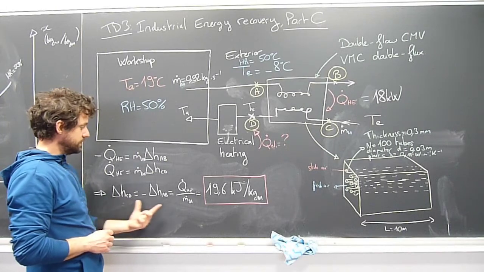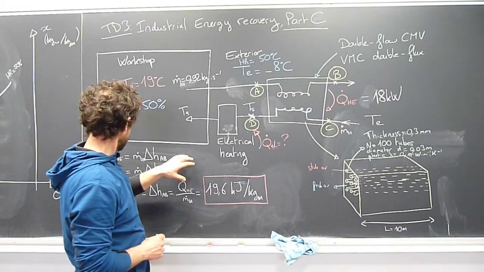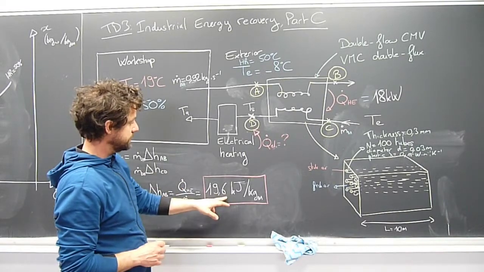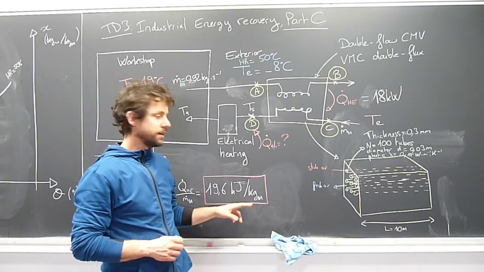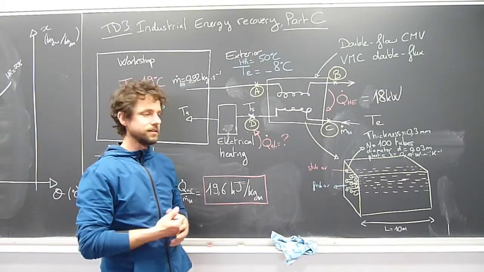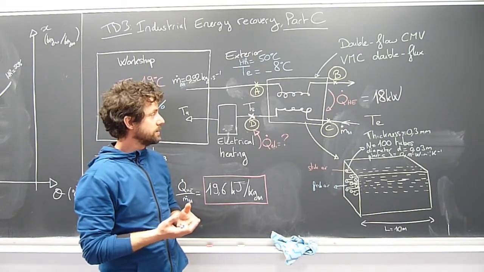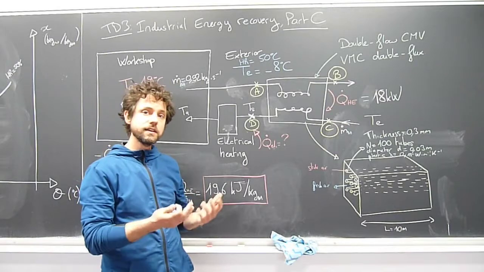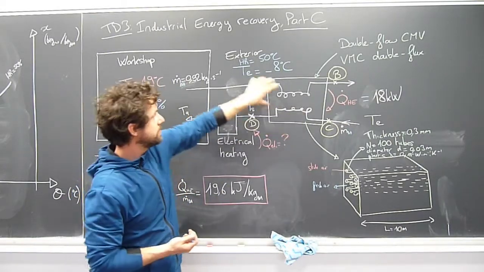Δh_CD is equal to minus Δh_AB, and it can be calculated as 19.6 kilojoules per kilogram of dry air. Let's now see what it means on the psychrometric chart about the variation of the states of the cold air and hot air.